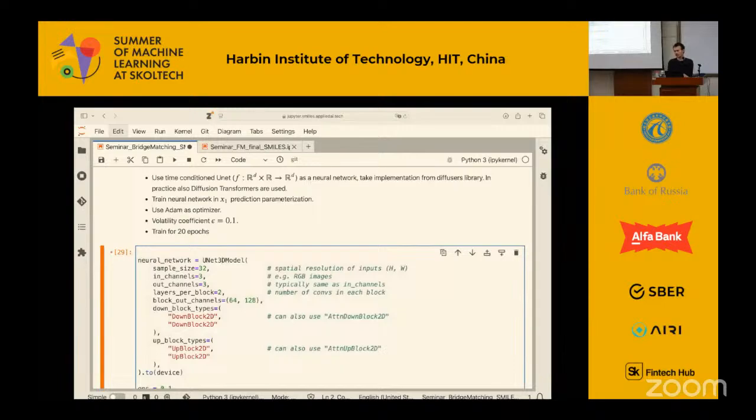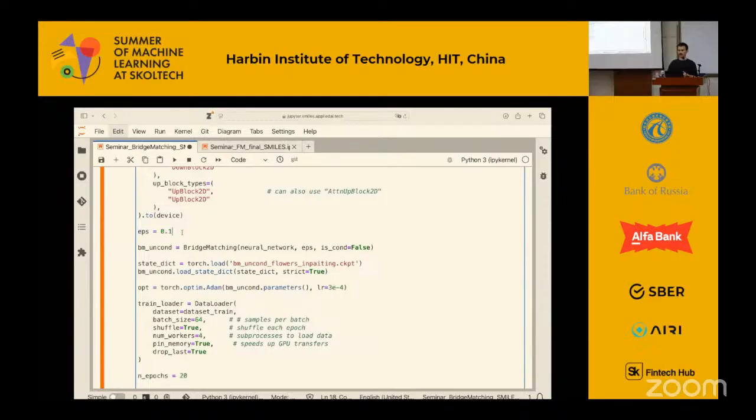For example, for super resolution, I have not tried it on 3-dimensional data, but I think just changing the neural network and playing a bit with this volatility coefficient would be maybe enough to set some kind of baseline. Then you can go further with some empirical things to make your bridge matching model work better for your particular case.